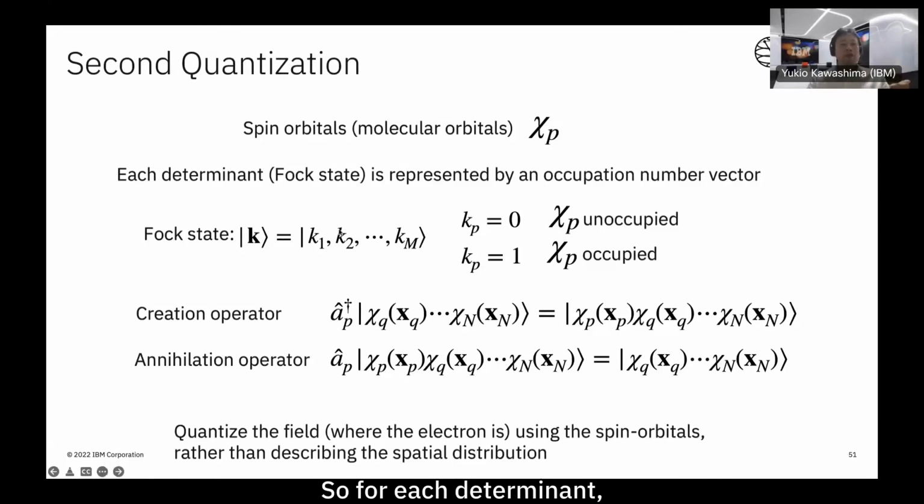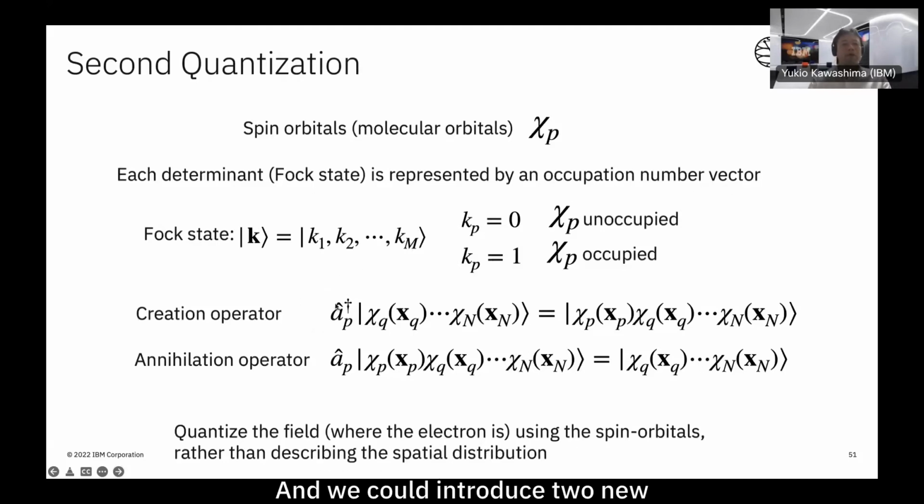Each determinant, which is a Fock state, is represented by an occupation number vector. Assume K is a Fock state with elements K1, K2, up to Km. If the orbital p is unoccupied, Kp has a value of 0, and if there's an electron there, Kp has a value of 1. That's what I mean by the occupation number vector.